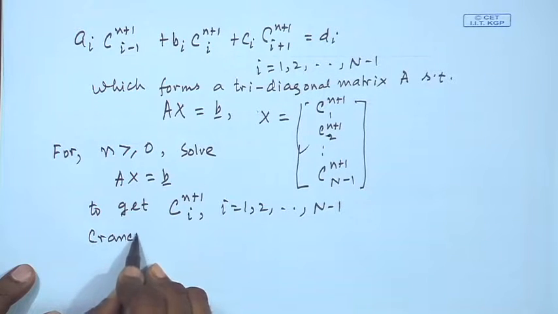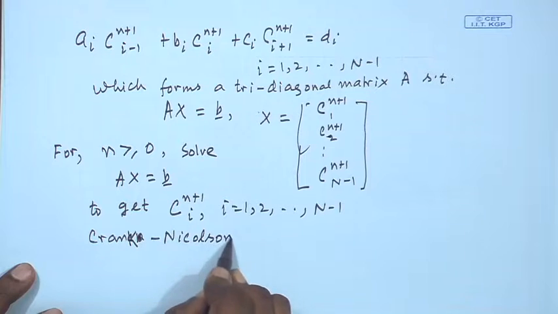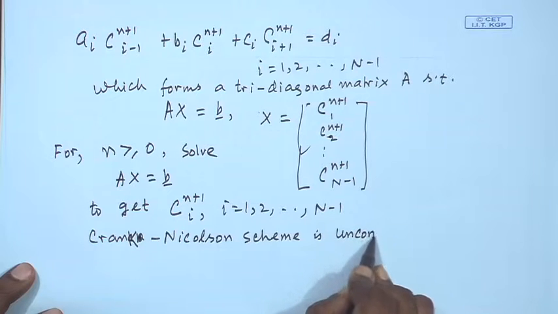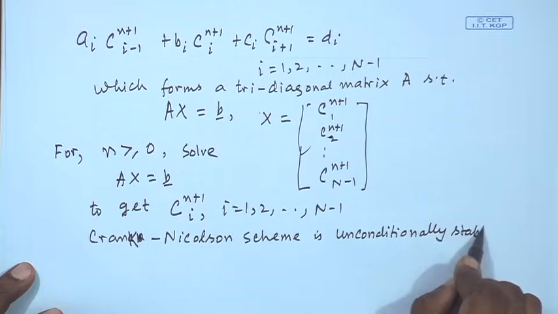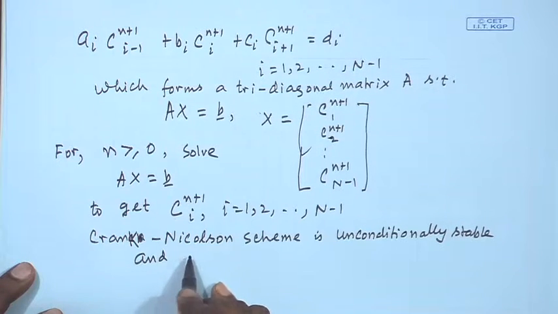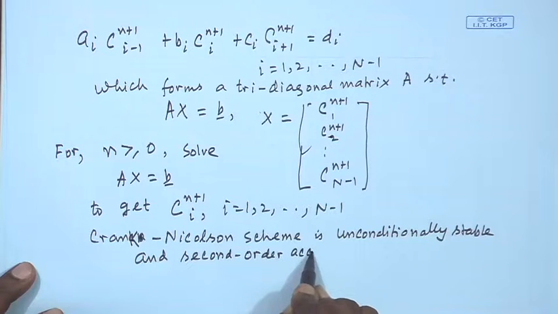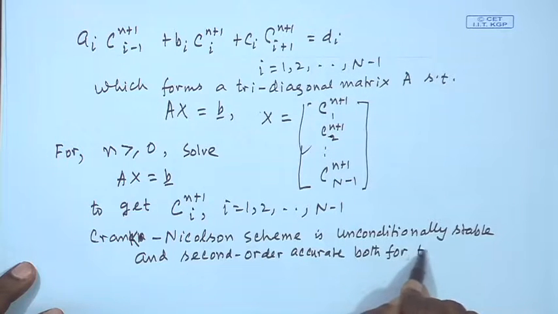Now, another thing is that this Crank-Nicolson scheme is unconditionally stable because it is implicit, and second order accurate both in t and x.